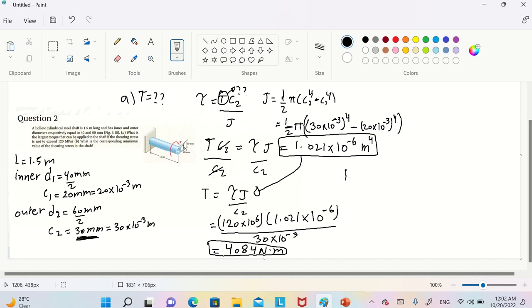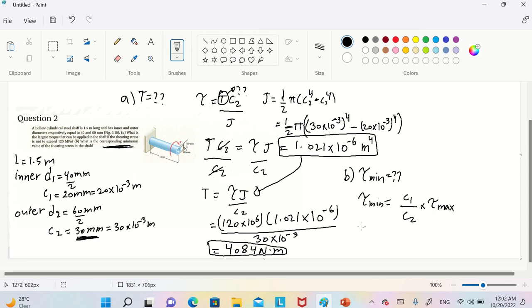So now he also wants the corresponding minimum value of shearing stress. So he wants the shearing stress minimum. There is a rule: shearing stress minimum equals the inner radius C1 over the outer radius multiplied by the shearing maximum.